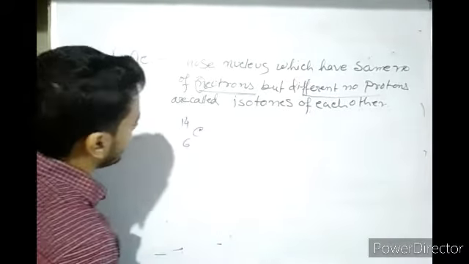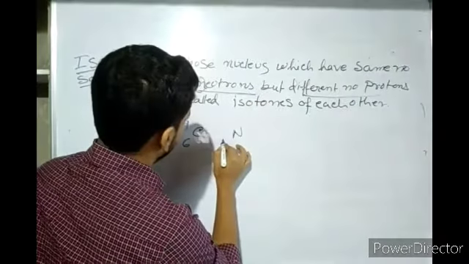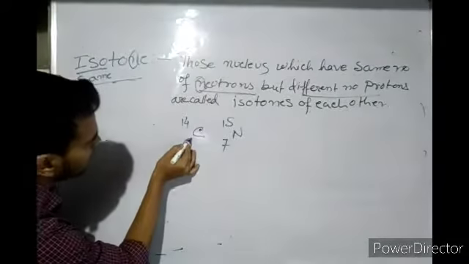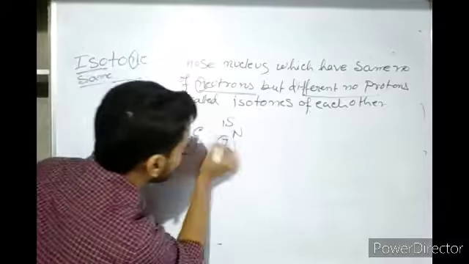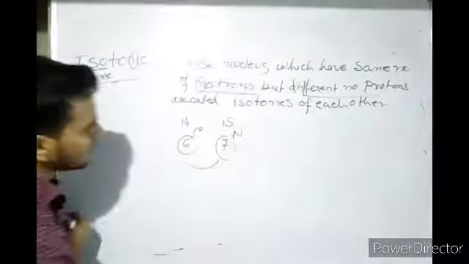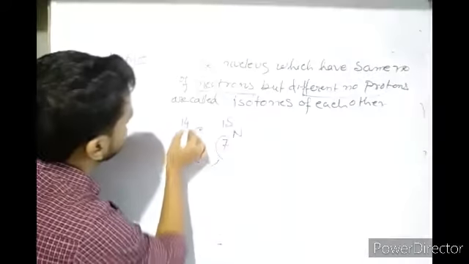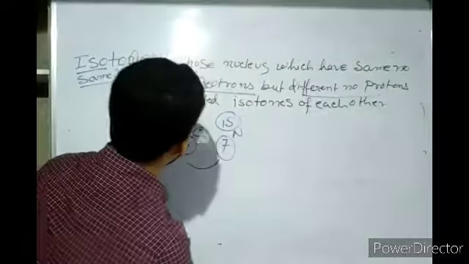C-14 and N-15. Here we see a different number of protons: here the proton number is 6, here it is 7. Due to the different proton number, the mass number is also different: here 14, here 15.